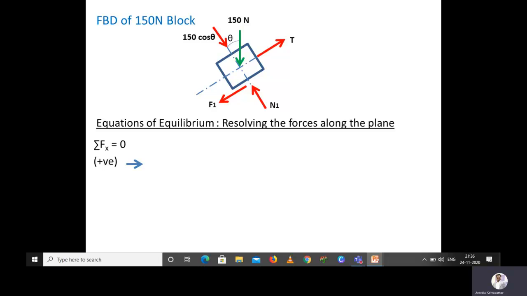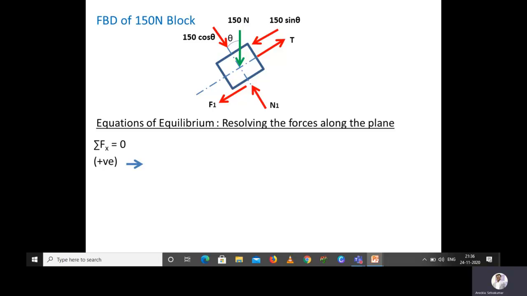It will have two components: perpendicular to the inclined plane is 150 cos theta, and parallel to the inclined plane is 150 sin theta.